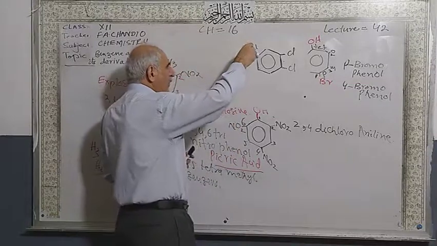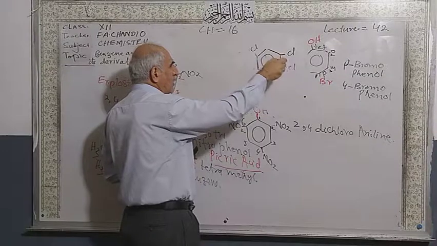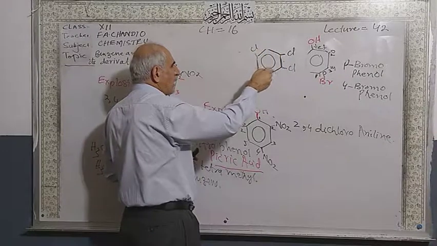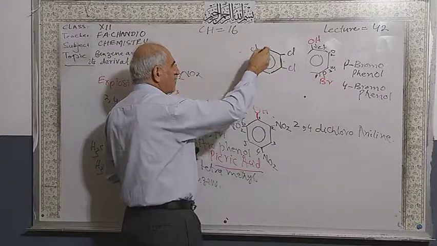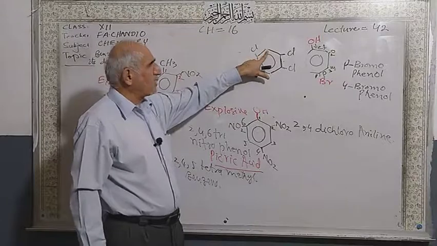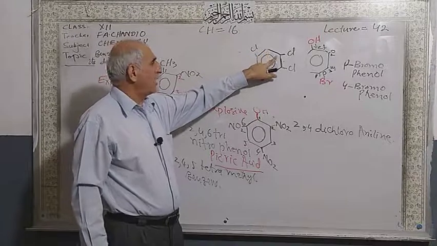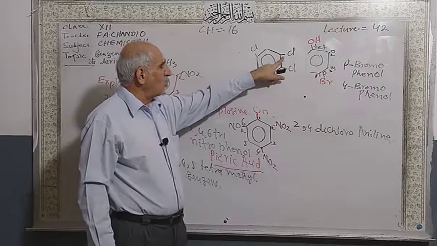So if you start from here, 1, 2, 3, 4, 5, 6. Or 1, 2, 3, 4, 5, 6. So you have to select the least one. If you start from 1, the 2 position is empty, then 3 and 4. But if you start from here 1 and 2.